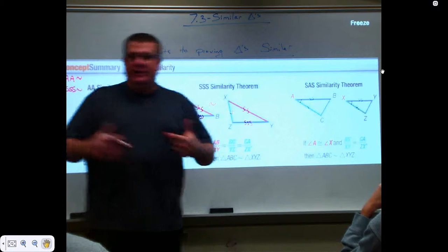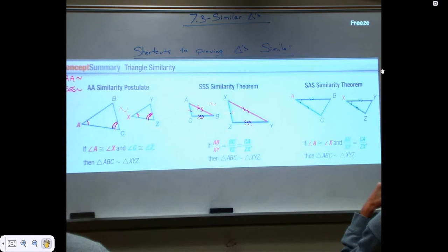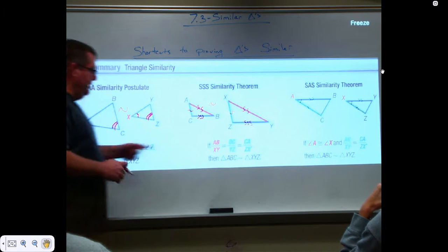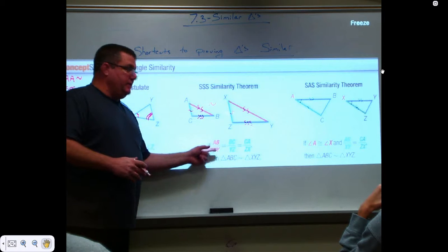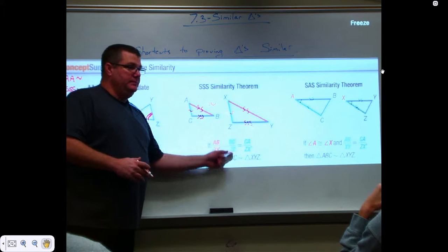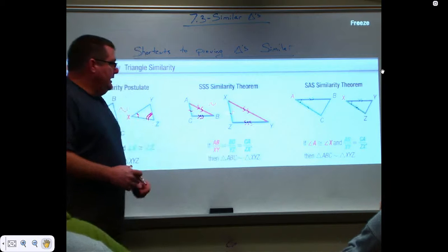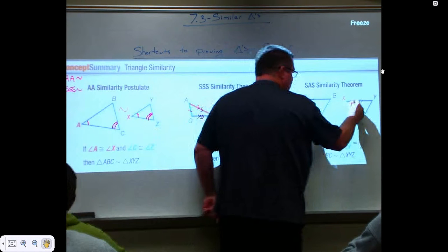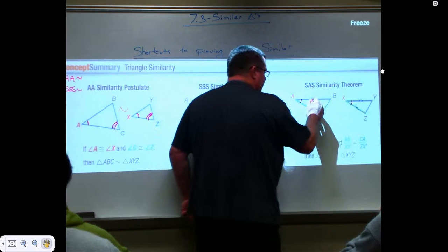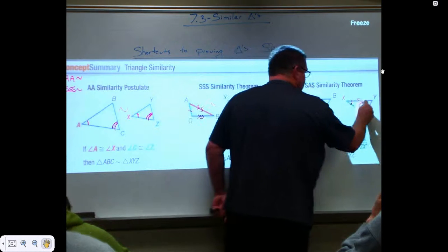So when you're figuring out if they're similar by side similarity, we're talking about triangles here, you need to make sure that this is the same, either decimal or reduced fraction, as what this one is, don't you? Okay? And here's the only one that will give some people some problems, and that's side angle side similarity.